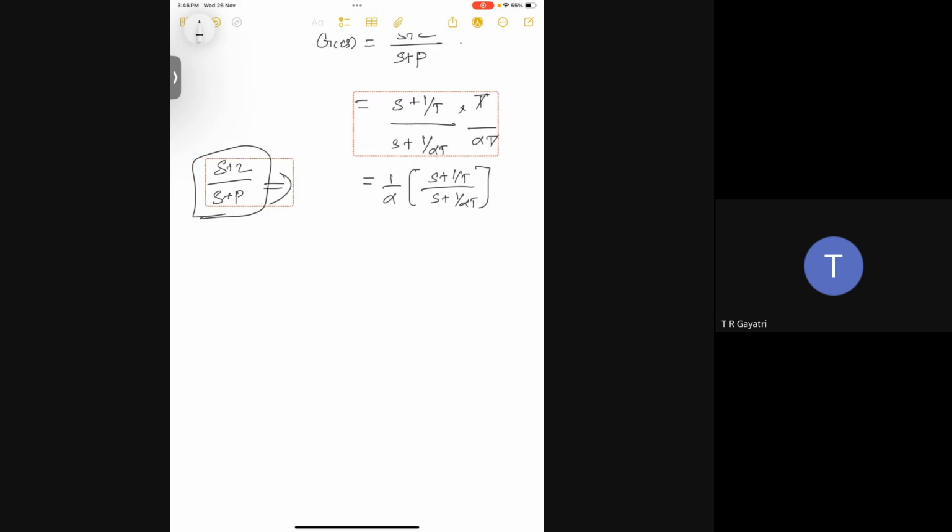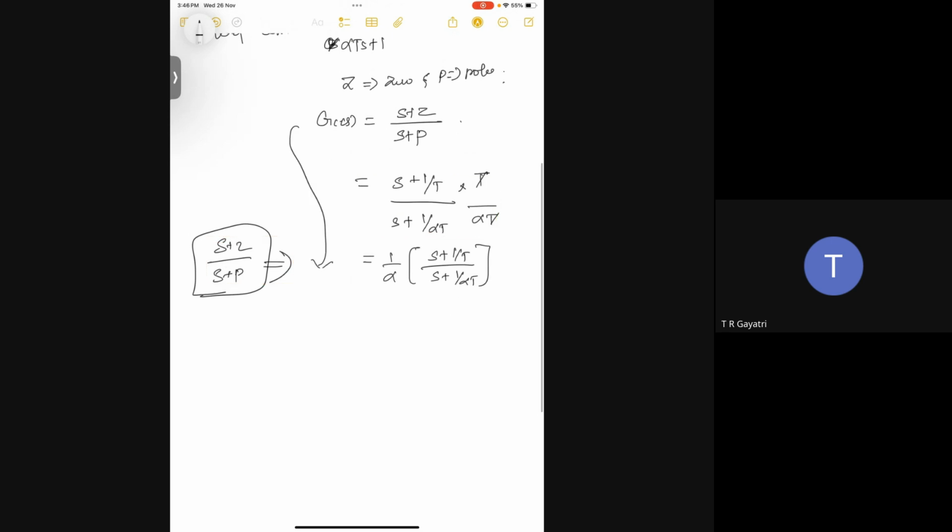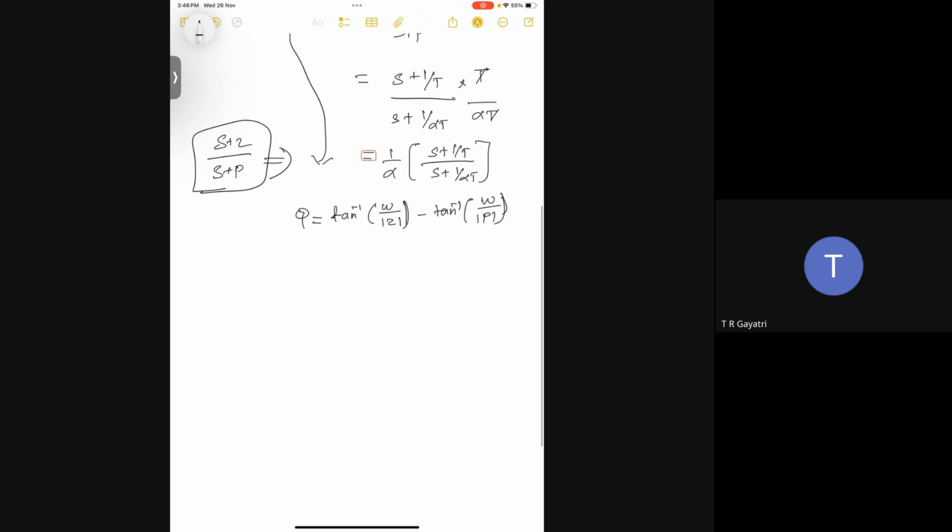Now, in general, for a system like this, (S + Z) by (S + P), the phase angle phi will be given by tan inverse of omega by absolute value of Z minus tan inverse of omega by absolute value of P. Now, to make this phase angle maximum, we will find the derivative of phi with respect to omega and equate that to 0.